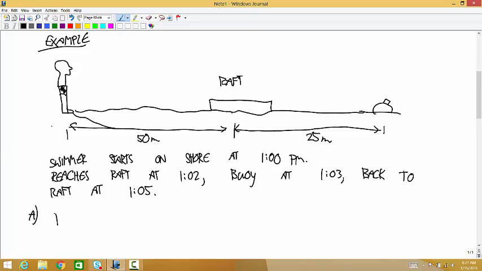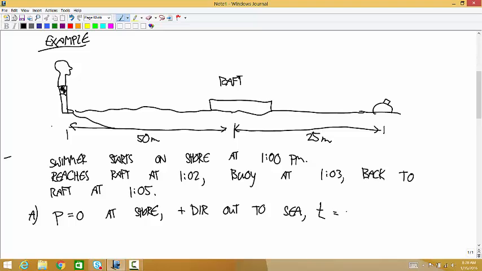So first, let's say position equals 0 is at the shore. Positive direction is out to sea, or whatever, out to the middle of the lake.